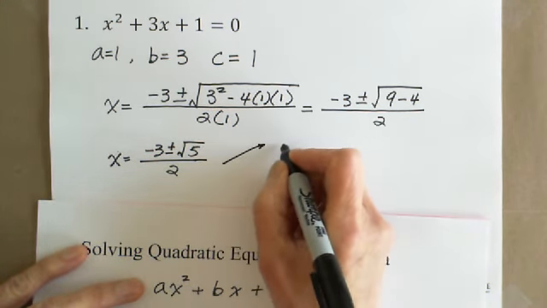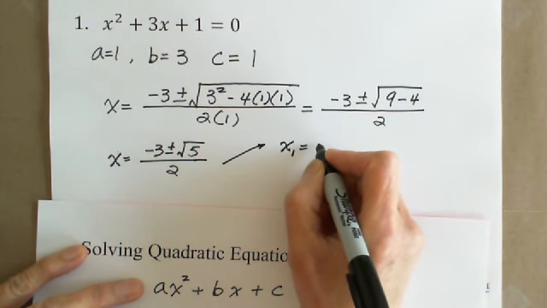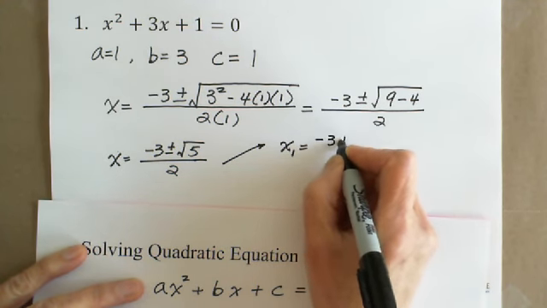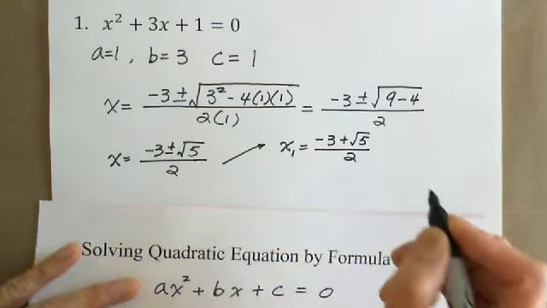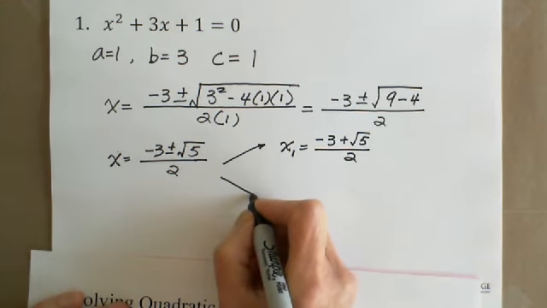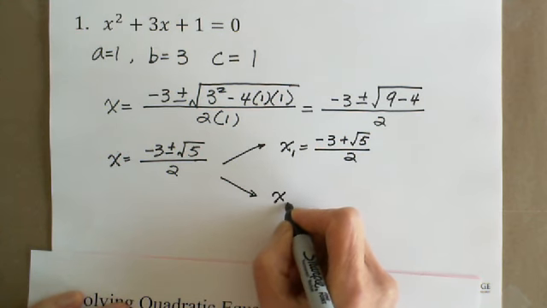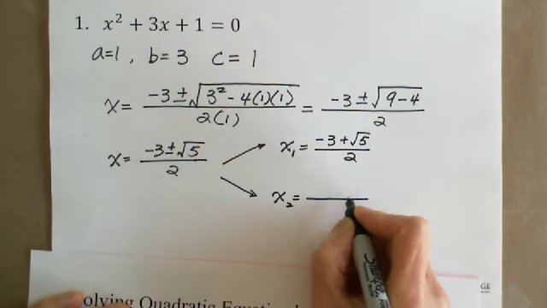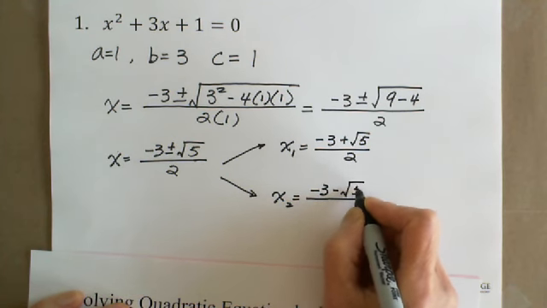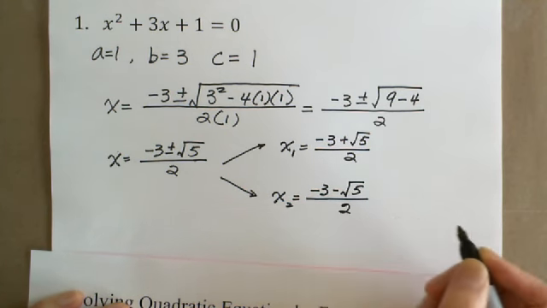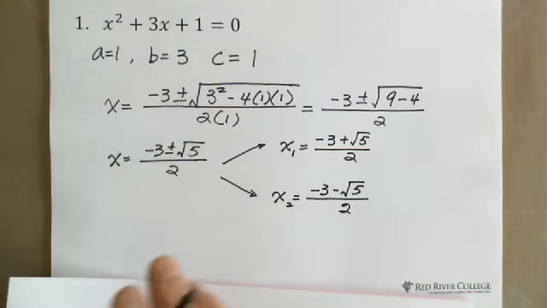One answer is x1 equals negative 3 plus square root of 5, divided by 2. The second solution is x2 equals negative 3 minus square root of 5, divided by 2. This one is the exact answer.